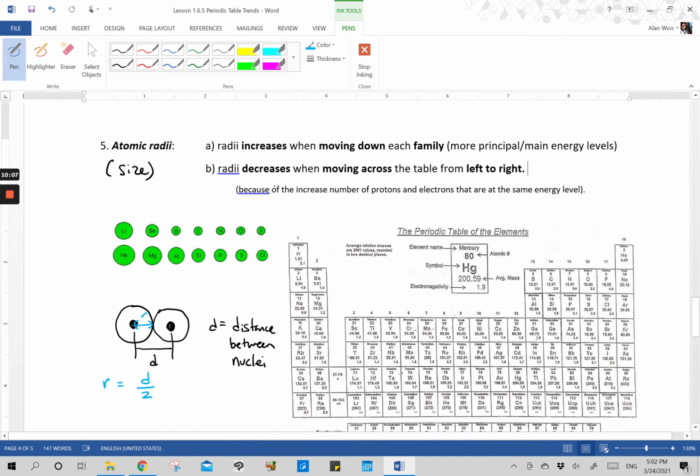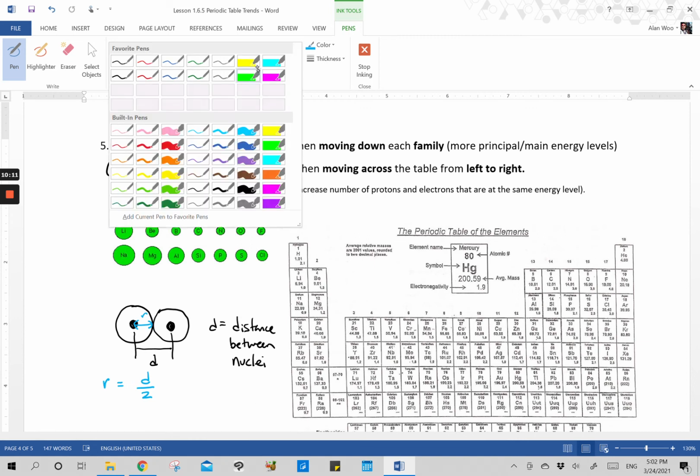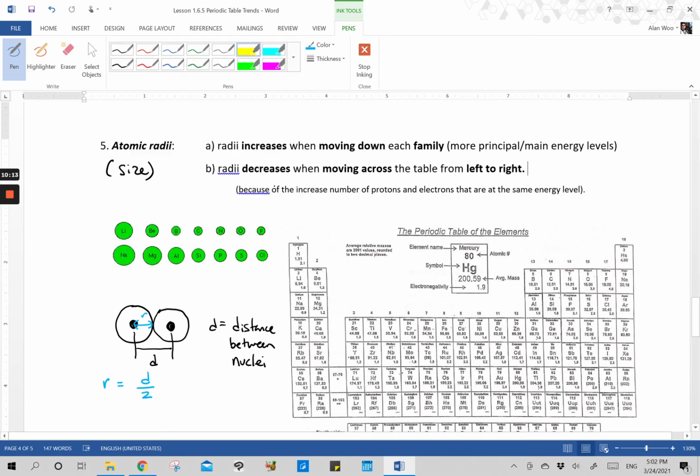So let's look at the trend. The atomic radii increases when moving down each family. Okay? So if we're going down the family, the radius gets larger, or the atom gets larger. So if we look at lithium and sodium, you can tell that the atom itself is larger.